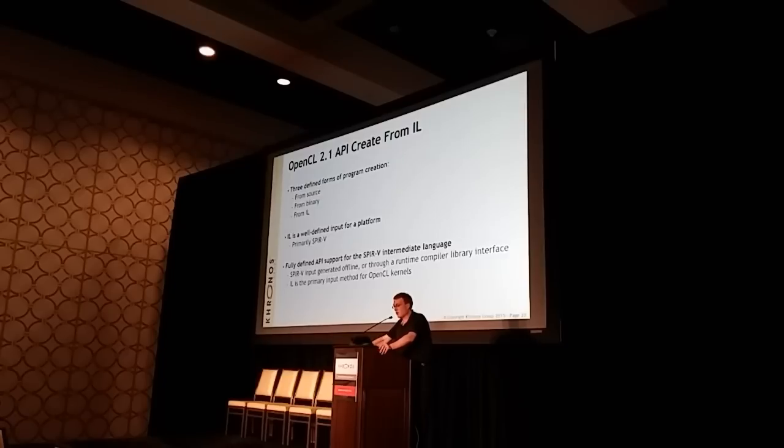It's actually defined on a platform basis, so OS vendors do have the option to require a different IR on that platform, so that gives some control when you have control of the full stack. So this SPIR-V input is intended to be the standard way of consuming programs for OpenCL 2.1 and going forward.